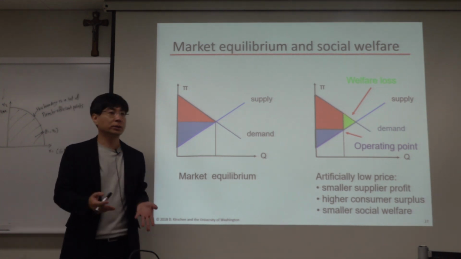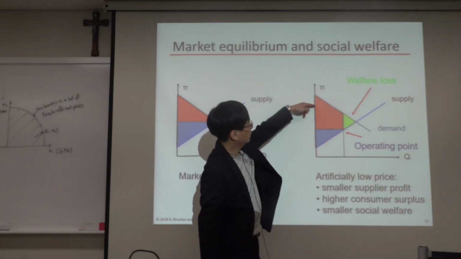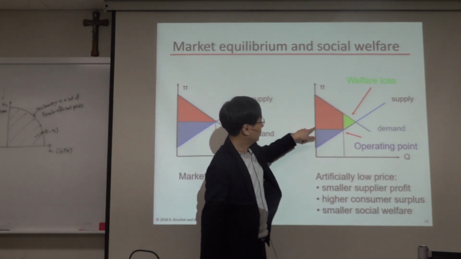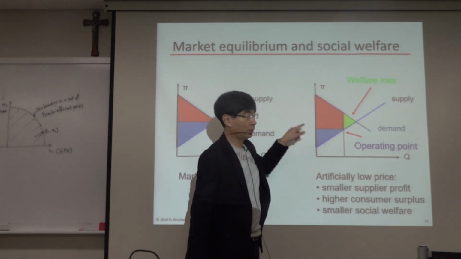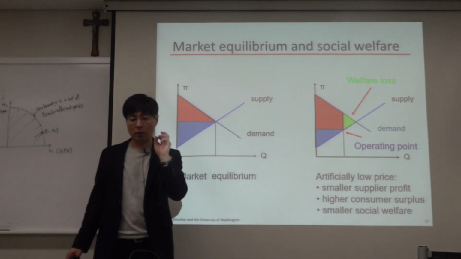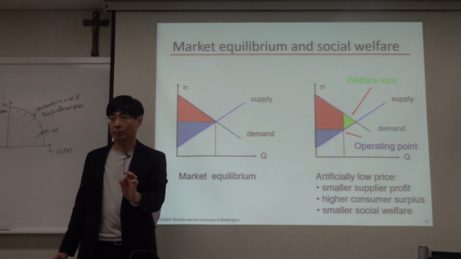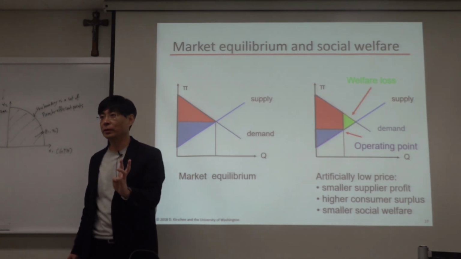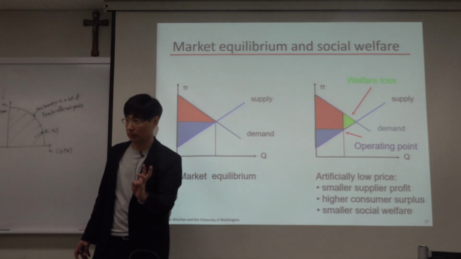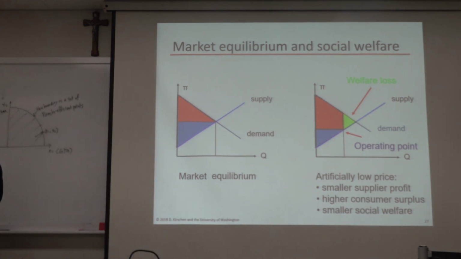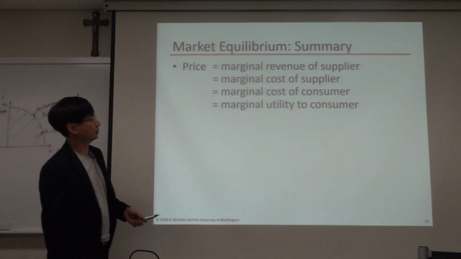And my question is, if the price is here or there or there, are these other points also Pareto efficient or not? That is my question. Think about it on your own. You see the question. Okay. Thank you.